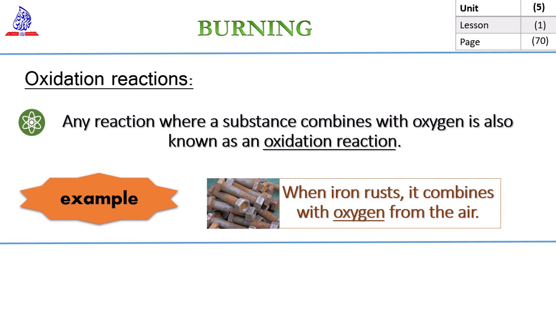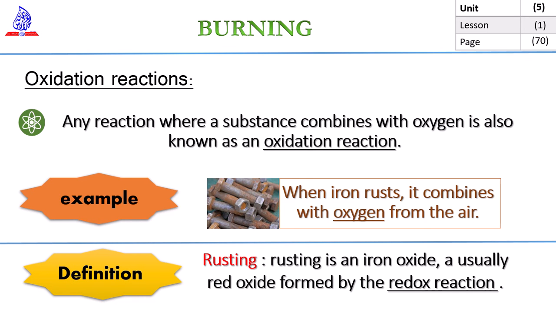An example of oxidation reaction is the reaction between iron and the air, which includes oxygen. Look here, we have iron that has rusted. Why? Because it reacted with oxygen or combined with oxygen. So this rusting is an example of an oxidation reaction.